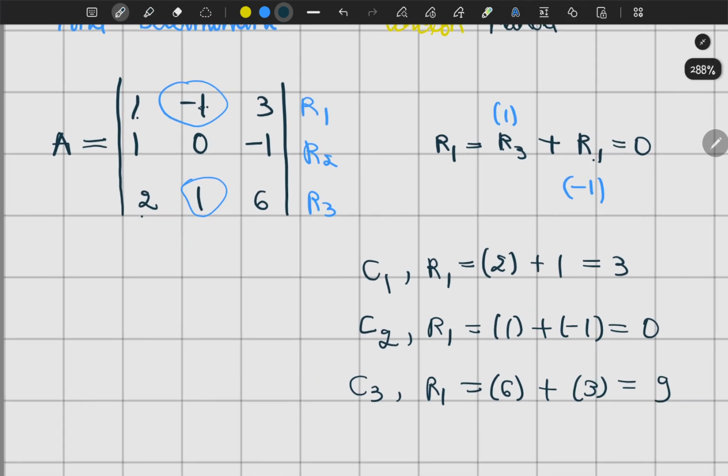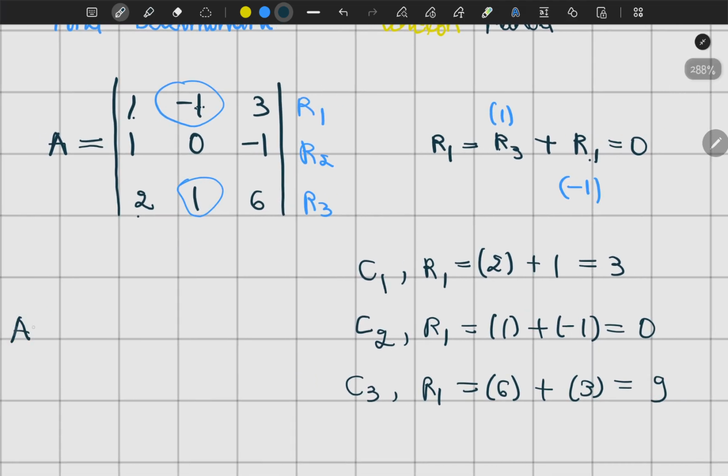So I'm going to replace them here. A will be equal to 1, 1, 0, negative 1. Nothing else is going to change; they remain like this. The only thing we change is the first row, which will be 3, 0, 9. This is what we're going to get.